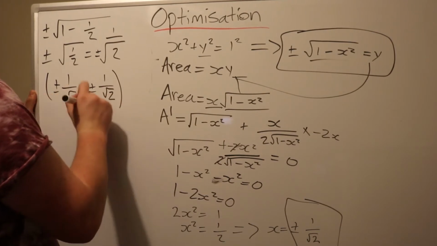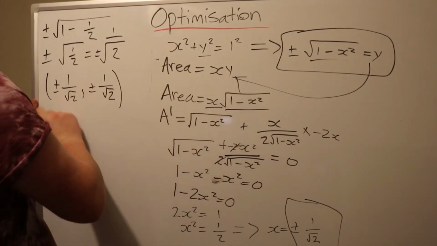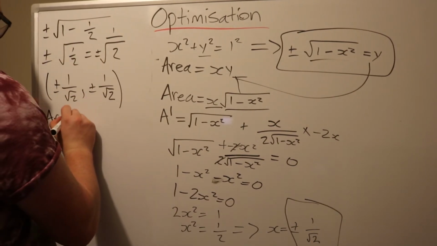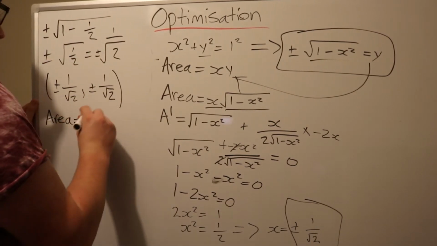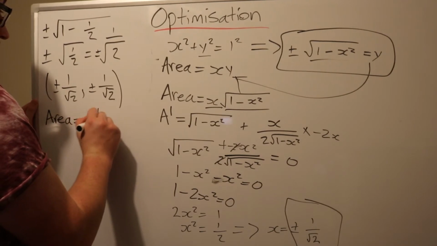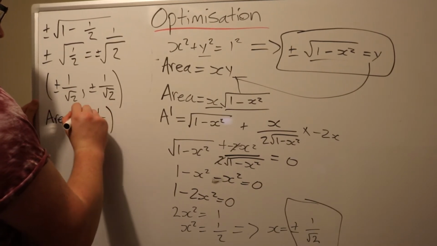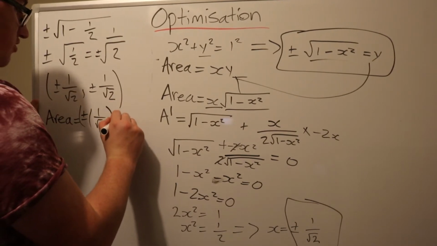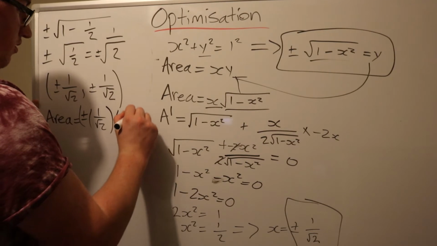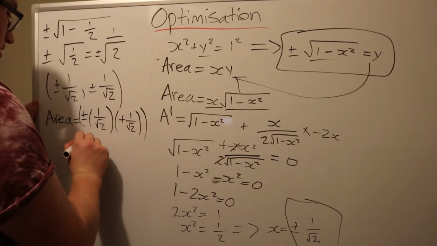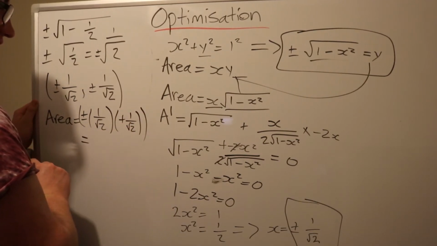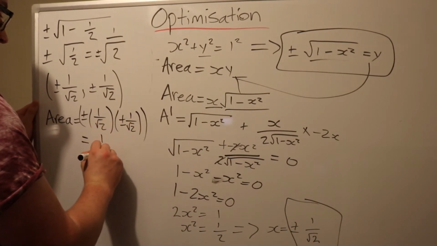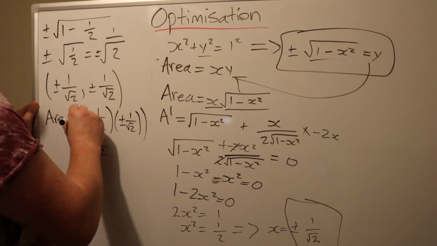Well, if we put these back in here, we get the area, the maximum or the minimum, that being said, is equal to 1 over root 2 multiplied by plus or minus 1 over root 2. And that gives us 1 over 2. That is supposed to be in there.